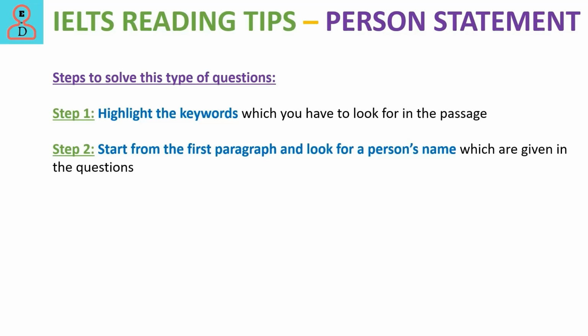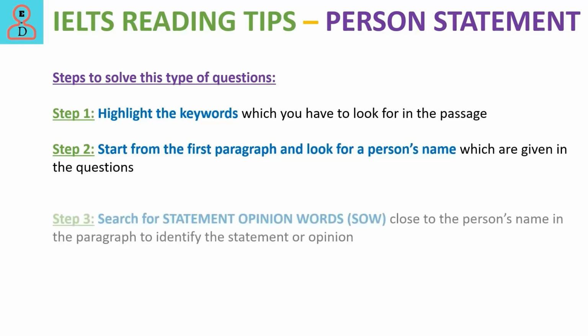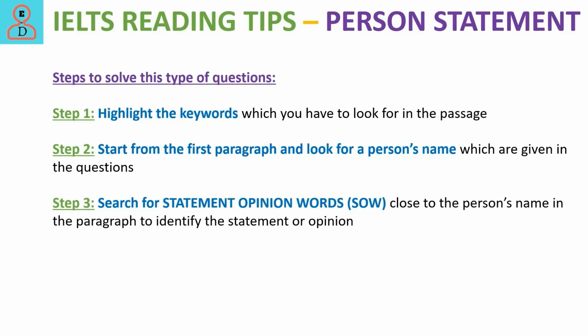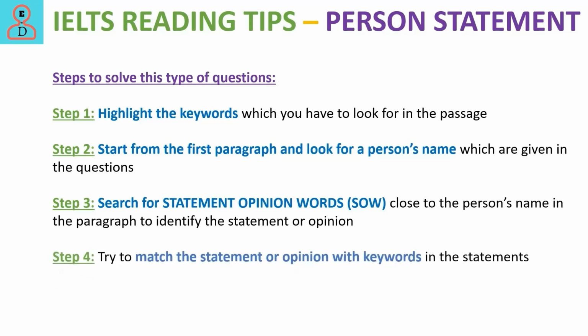If you find any person's name in the paragraph, then the next step is to locate the statement or opinion with the help of statement opinion words. And the final step is to match the statement or opinion with the keywords given in the statement.